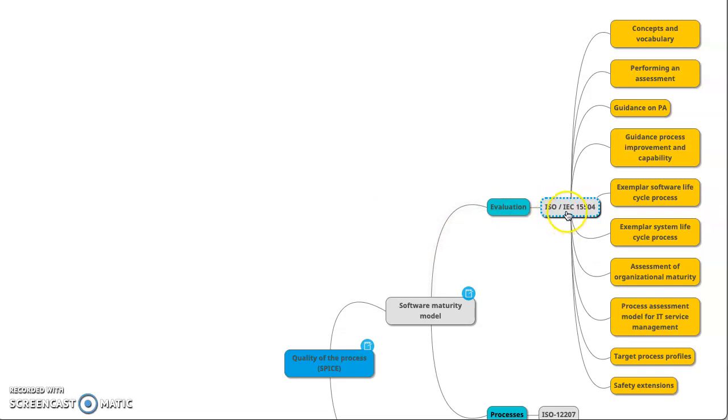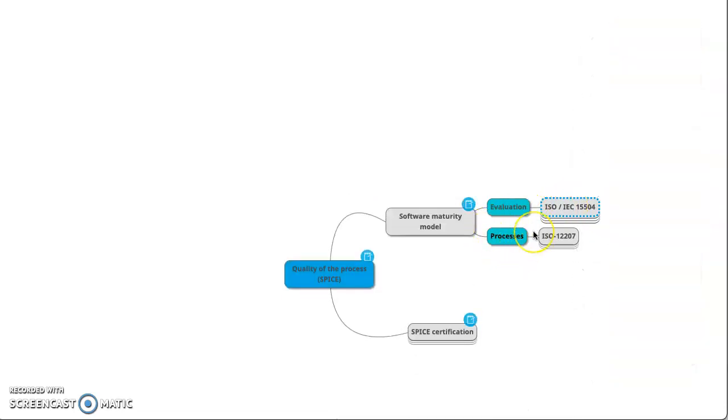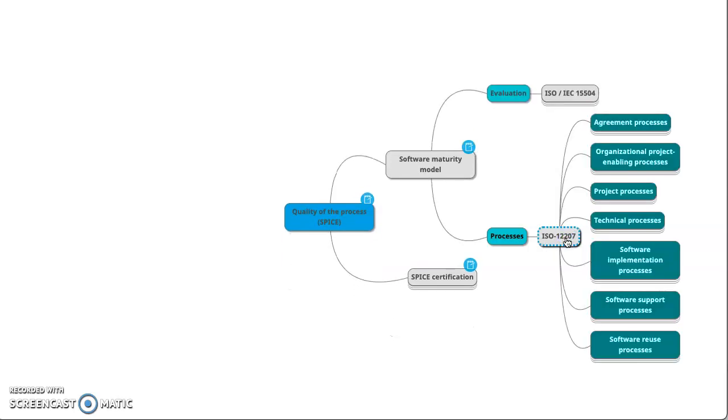The processes part defines each of the processes you will have in your organization regarding the maturity levels. We have the agreement processes, the organizational project-enabling processes, the project processes, the technical processes, the software implementation processes, software support processes, and software reuse processes.